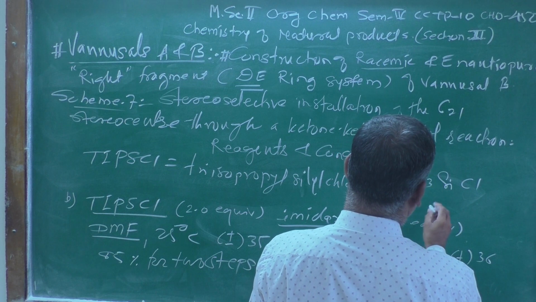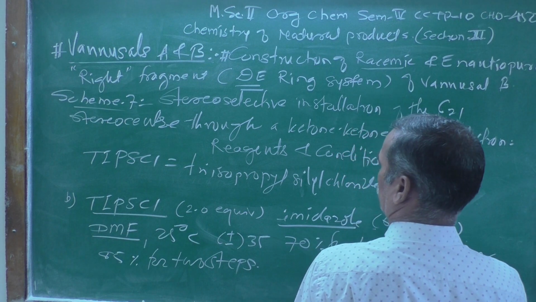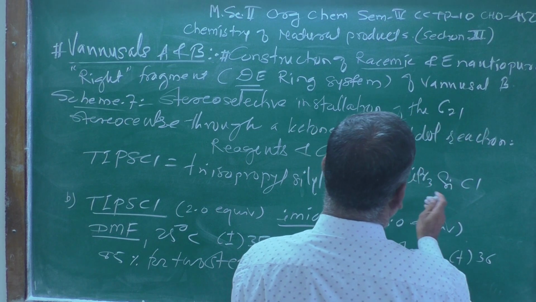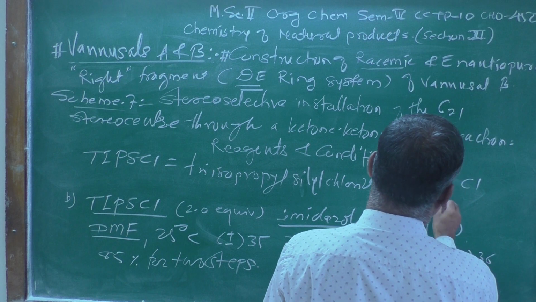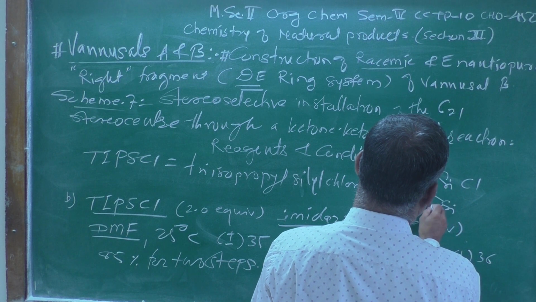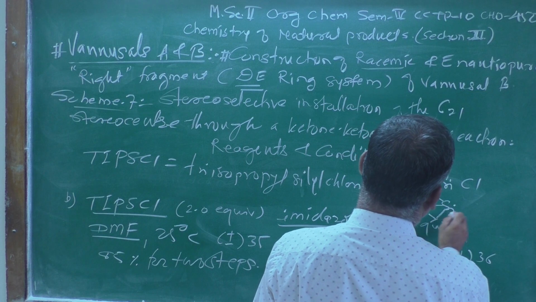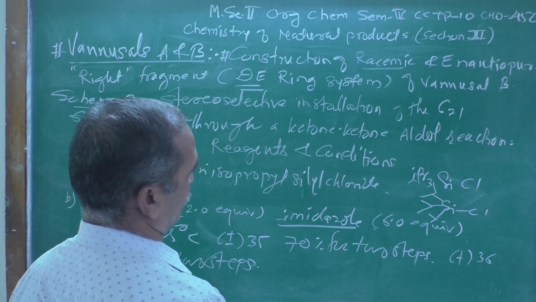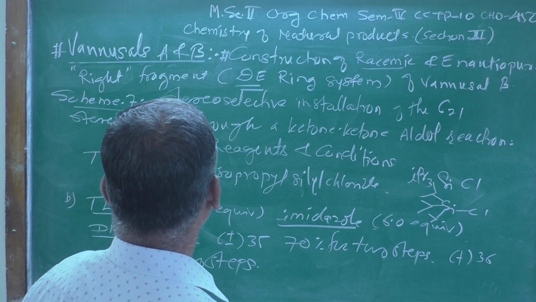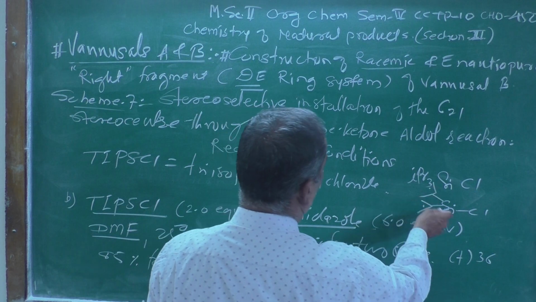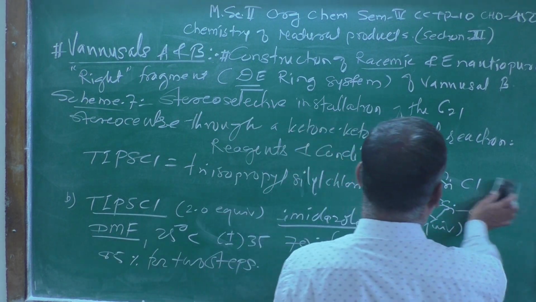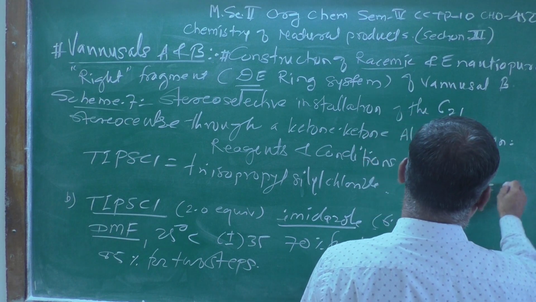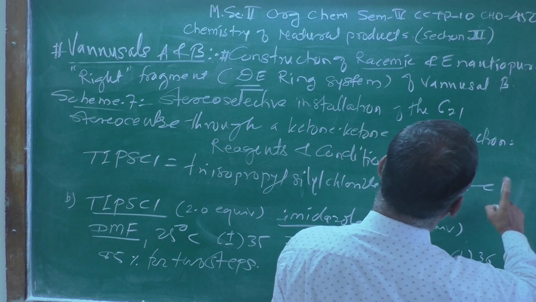Silicon belongs to the carbon family, and this is known as a silyl chloride.